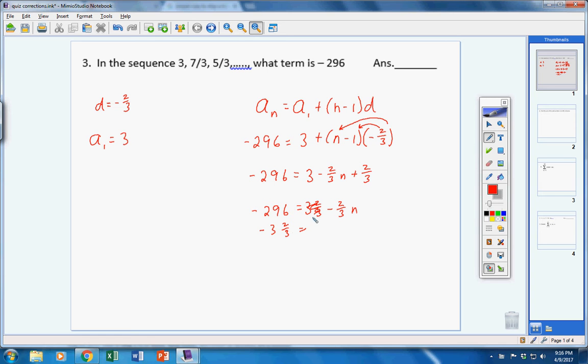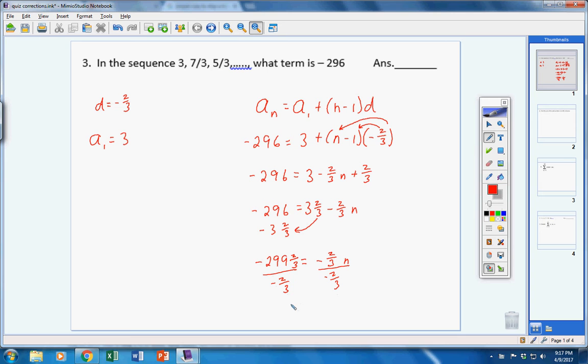Okay, so bring that over to the other side. And on the left side, I'm left with negative 2/3 n. Over here, I'm left with negative 299 and 2/3. Divide both sides by negative 2/3.